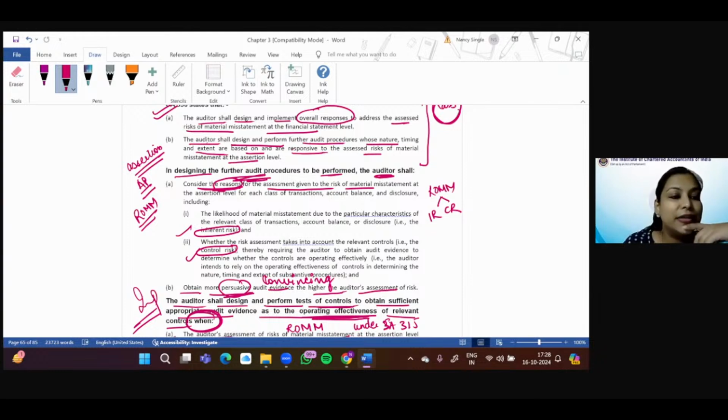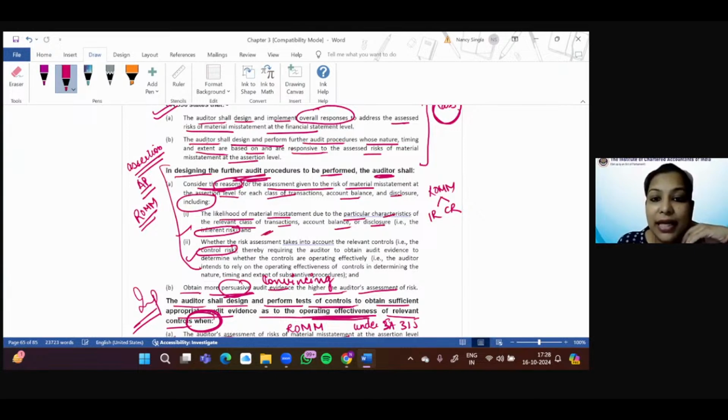So let us just read this again. In designing further audit procedures to be performed, the auditor shall consider the reasons for the assessment given to the risk of material misstatement at the assertion level for each class of transaction, account balance and disclosure, including the likelihood of material misstatement due to particular characteristics of the relevant class of transaction, account balance or disclosure.